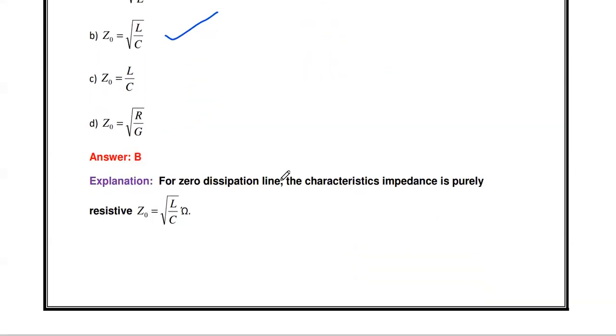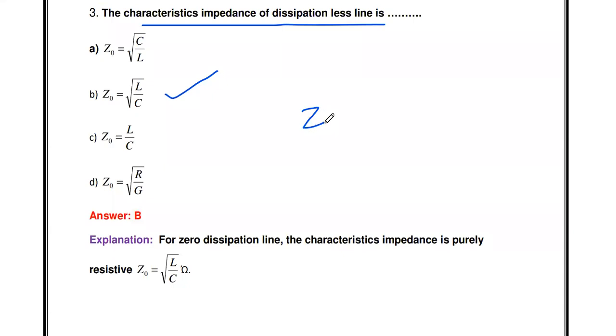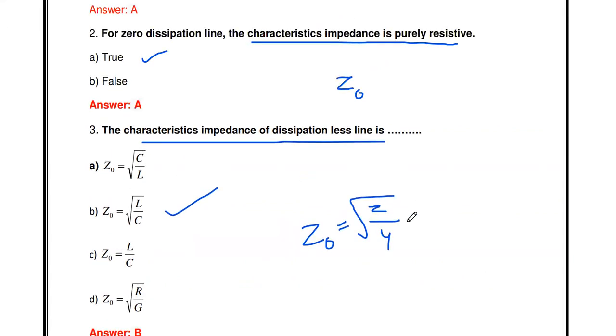What is meant by the characteristic impedance Z0? Z0 is the square root of the ratio of the series impedance Z to the shunt admittance Y. Z is nothing but R plus j omega L, and Y is nothing but G plus j omega C.